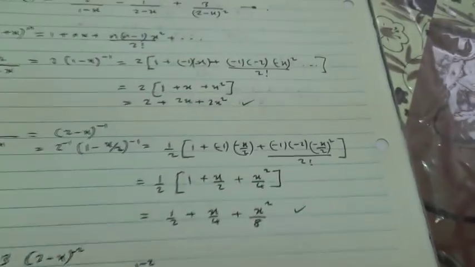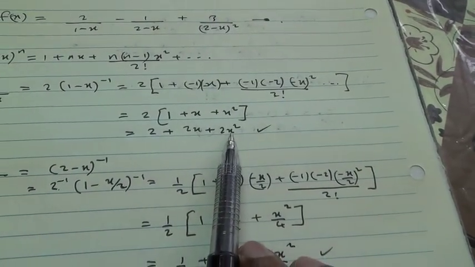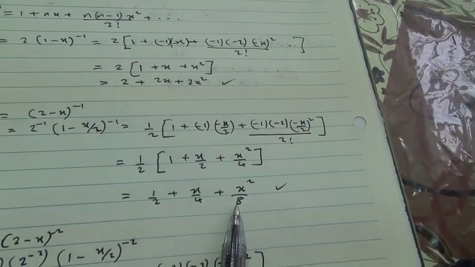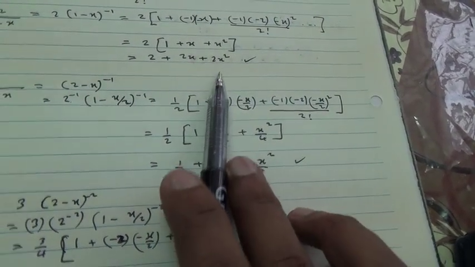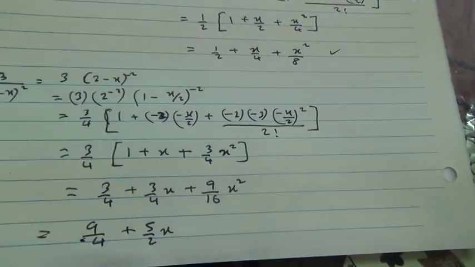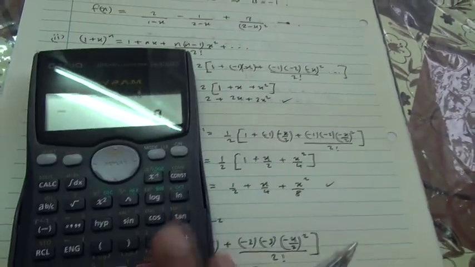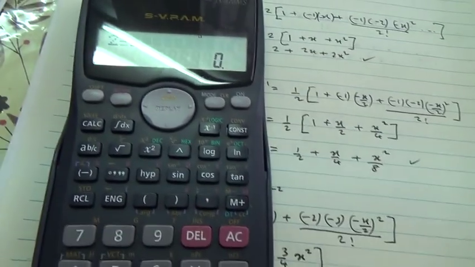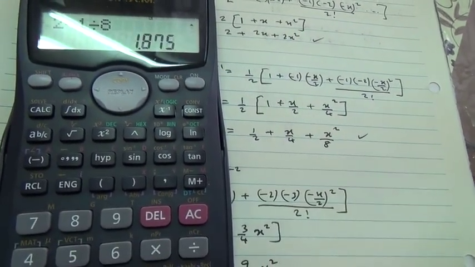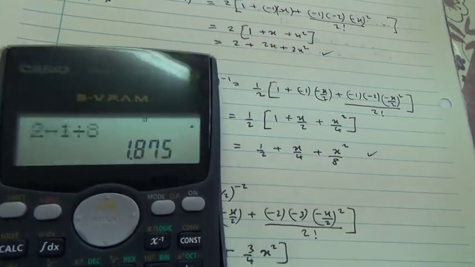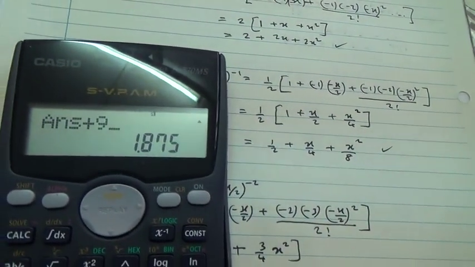Then we have 2x squared, 1 over 8 x squared, which is minus 1 over 8. 2x squared minus 1 over 8 x squared plus 9 over 16 x squared. So that is 2 minus 1 over 8, and then plus 9 upon 16.